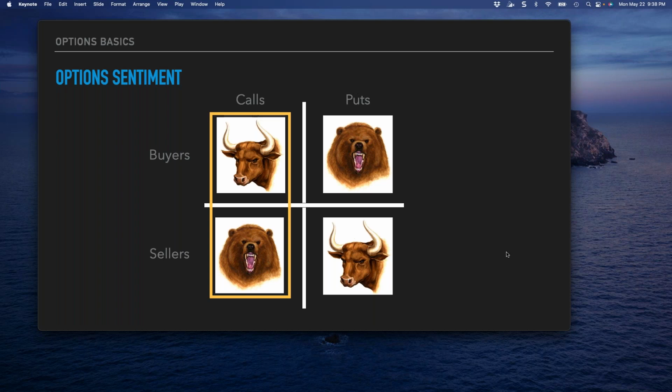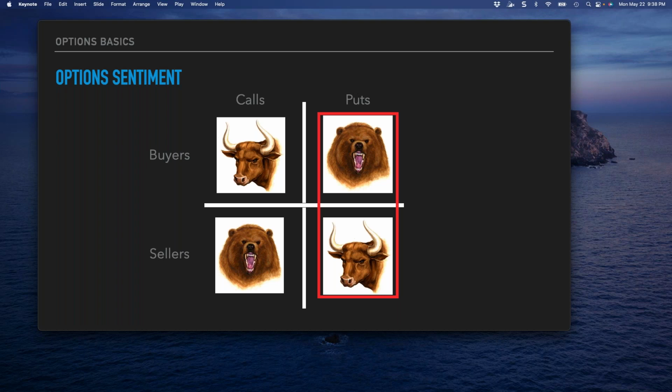Now, for a put option, since the buyer has the right to sell the stock, his preference is going to be for the stock to go down. That means that if the stock selling price for the put option is $25 and the stock is $20 per share two weeks later, the put buyer can buy the stock at the current market rate, then turn around and sell the stock to the put seller for $25.